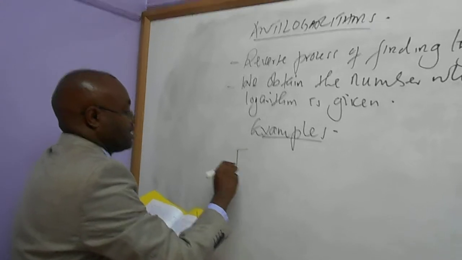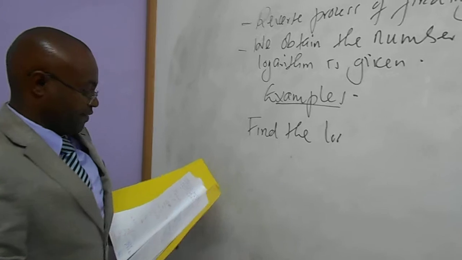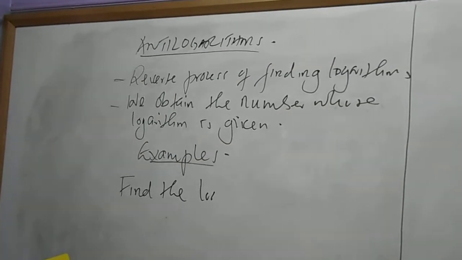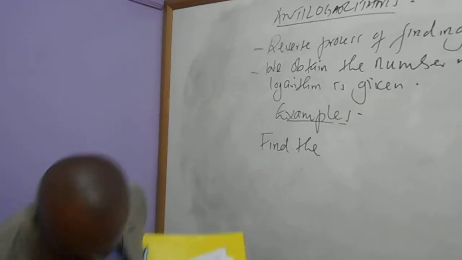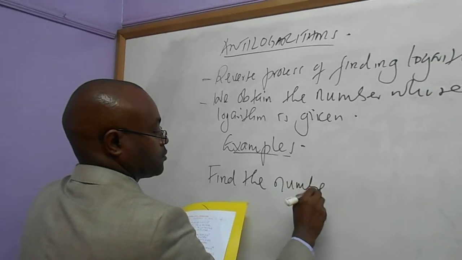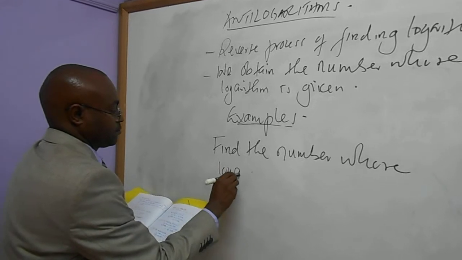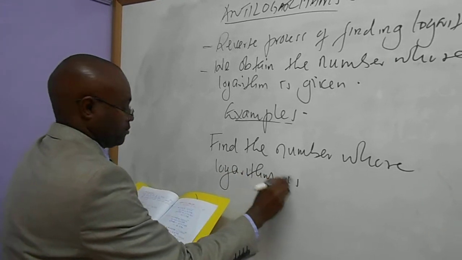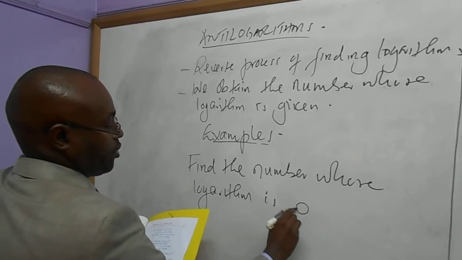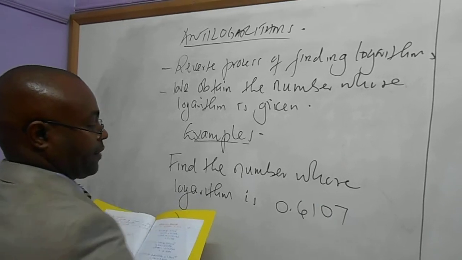Maybe you are asked to find the number whose logarithm is 0.6107.